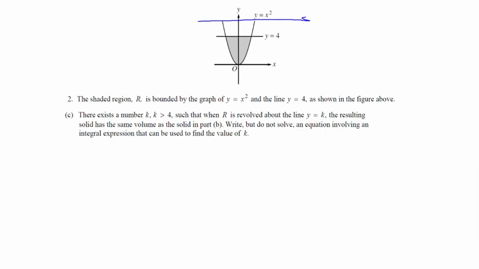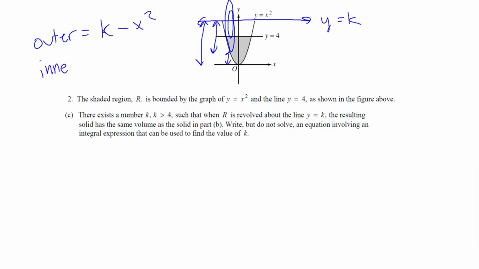Well, if it's y equals k up here, once again, we're going to have washer cross sections, but this time, we're going to be having an outer radius that is from k down to the lower function. So that's k minus the height of the function x squared. So k minus x squared.